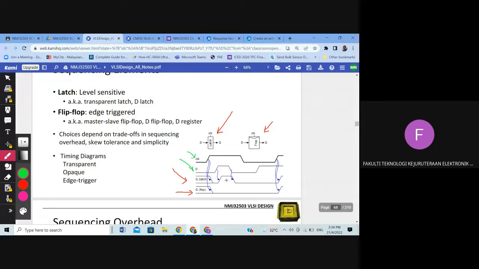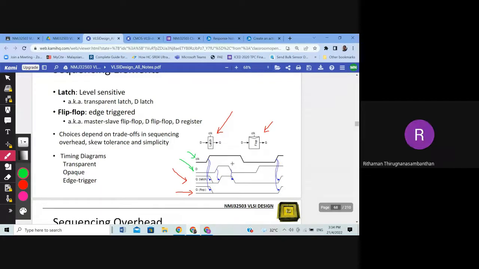But in terms of the edge triggered for latch, maybe need someone else to support him. Any other answer? No answer.